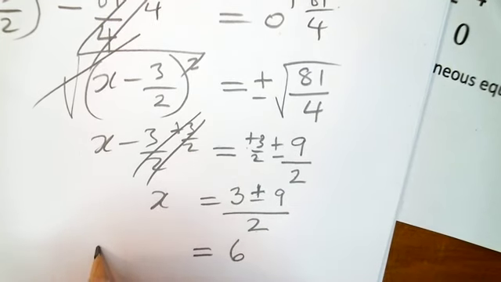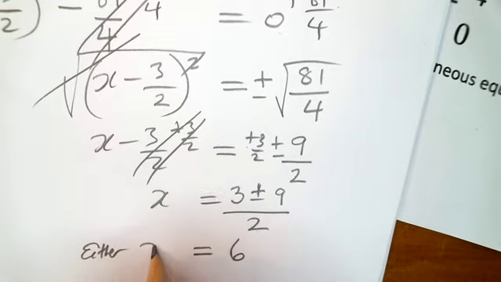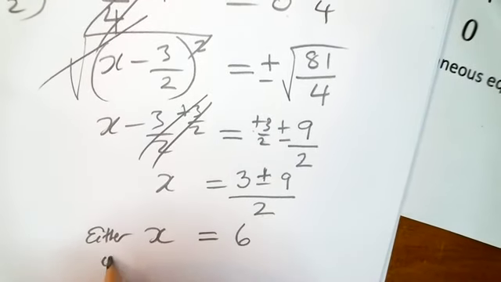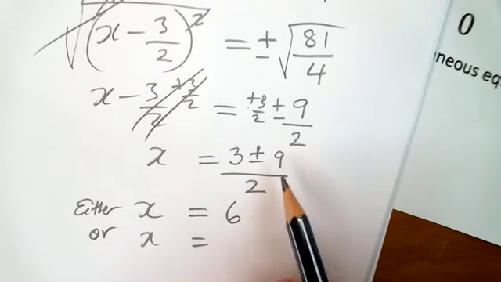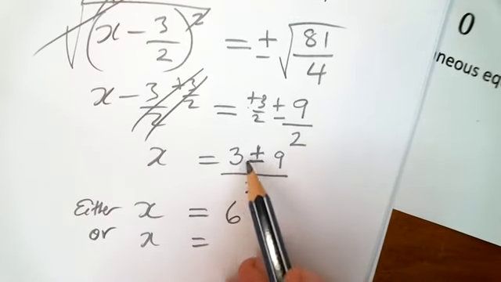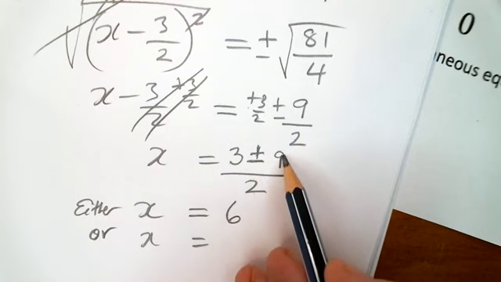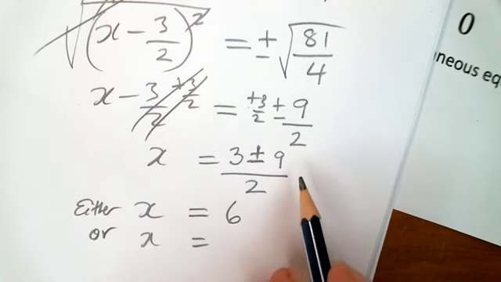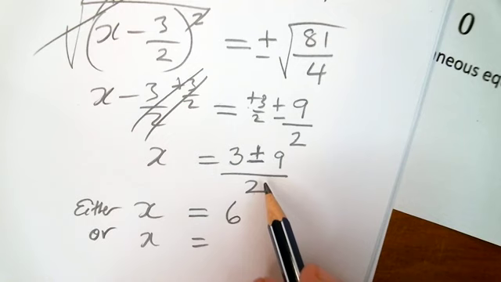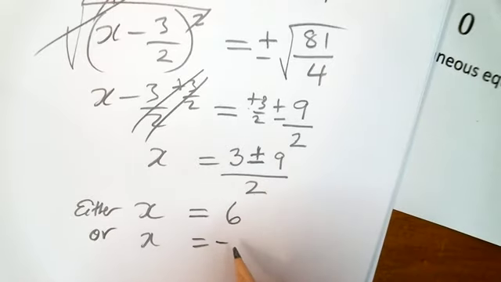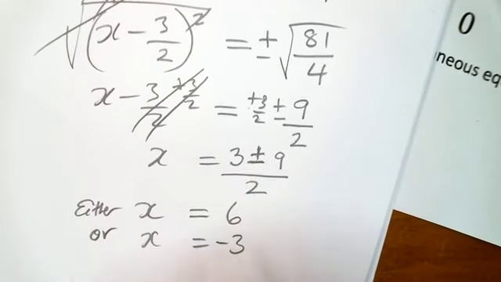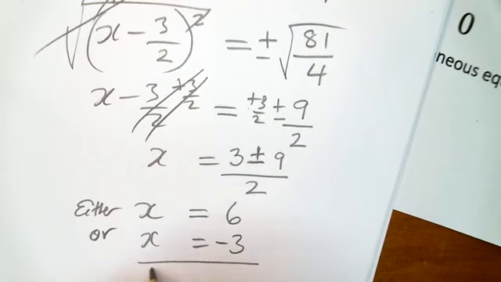So I can say either x is equal to 6, or x is equal to, now I'm going to do the opposite, 3 minus 9. Now 3 minus 9 is negative 6. And negative 6 divided by 2 is going to be negative 3. And that is my solution.